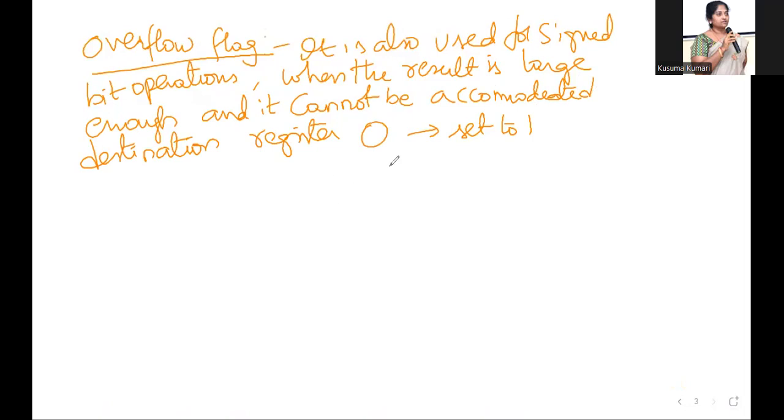Otherwise, it is reset to 0. That is about the overflow flag.